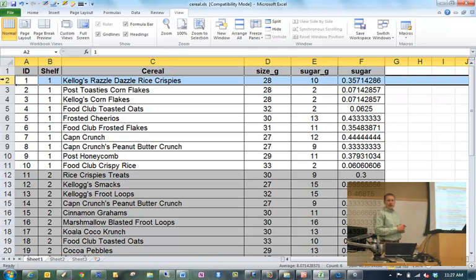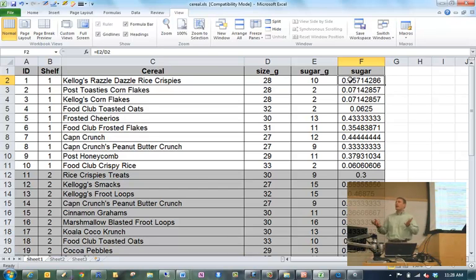It had a serving size of 28 grams, and what I wanted to focus on was the sugar content. Of the serving size of 28, 10 grams were sugar. High sugar content cereal. In particular, 0.357 or 35% is the amount of sugar content. Also on shelf 1, the lowest shelf, Post Toasties Corn Flakes, same serving size.